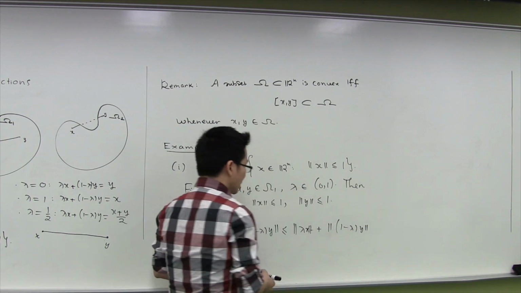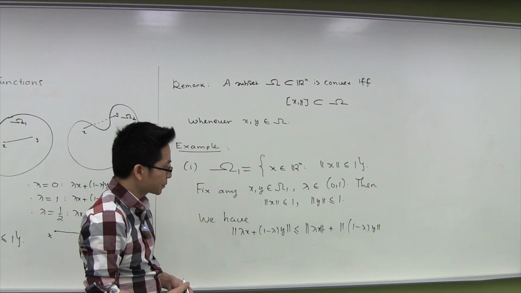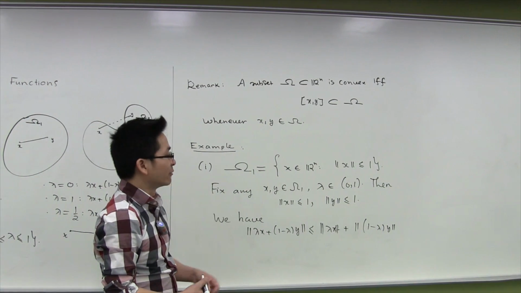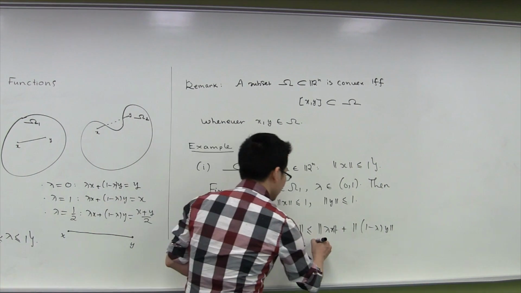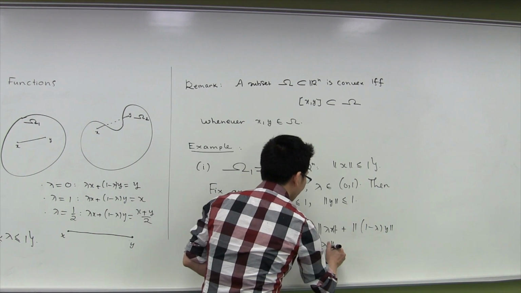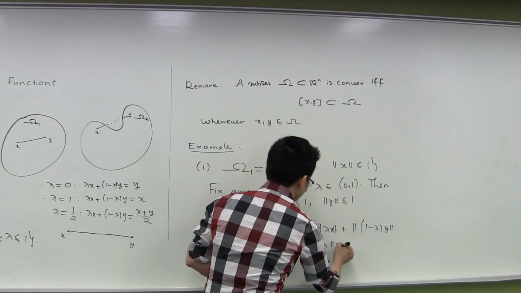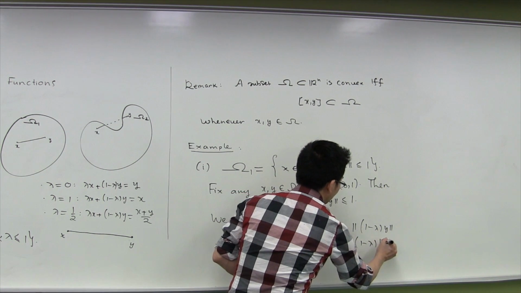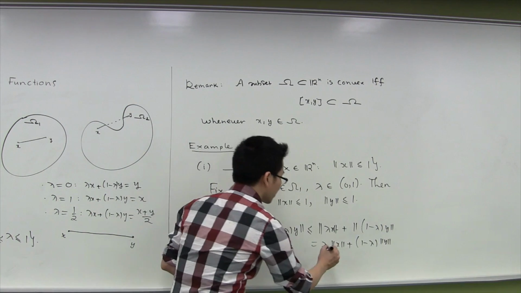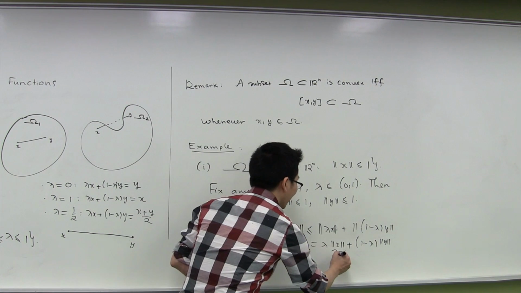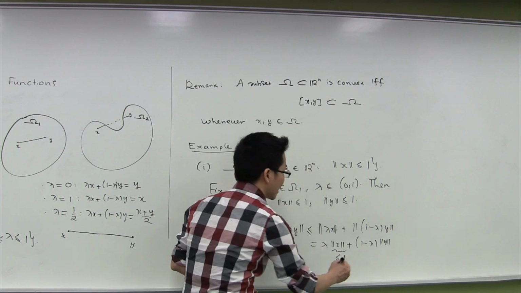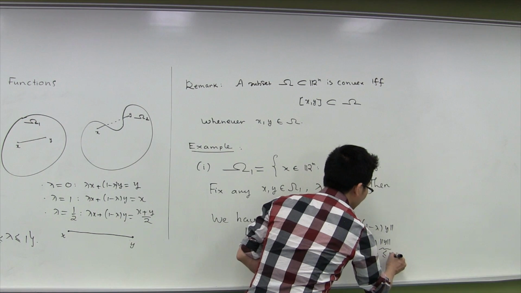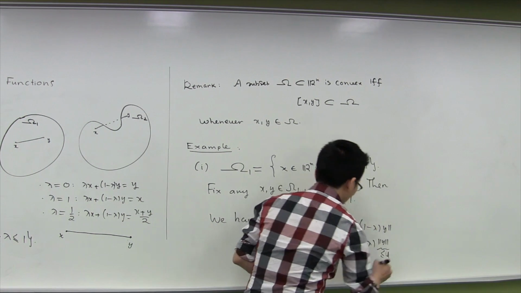Because lambda is in the interval 0, 1, this is equal to lambda times the norm of x plus 1 minus lambda times the norm of y. And as we know, norm of x is less than or equal to 1, and norm of y is also less than or equal to 1.